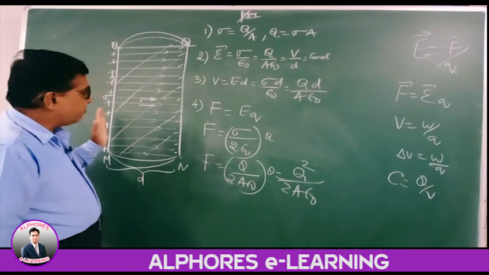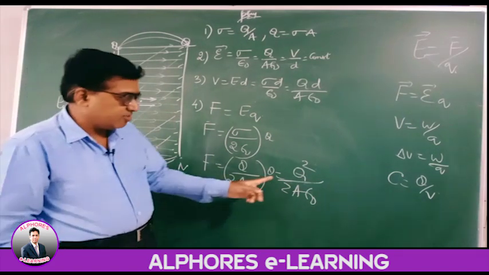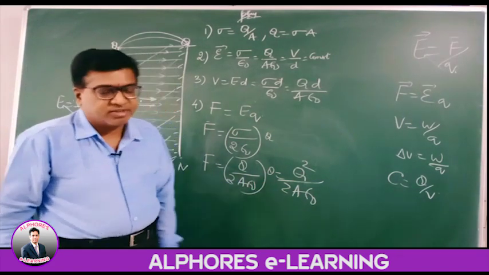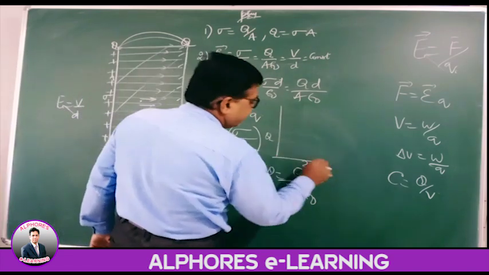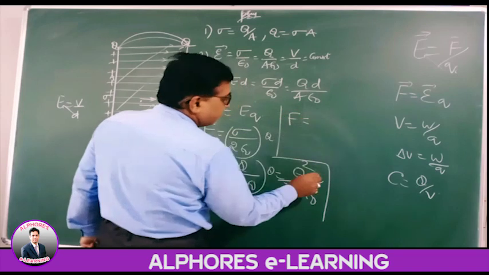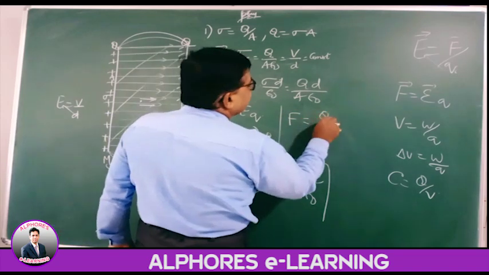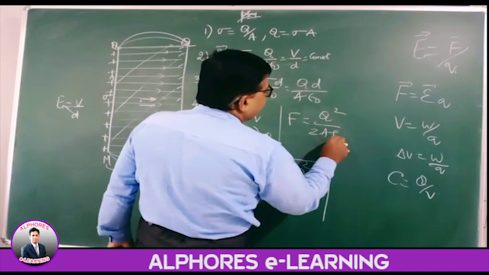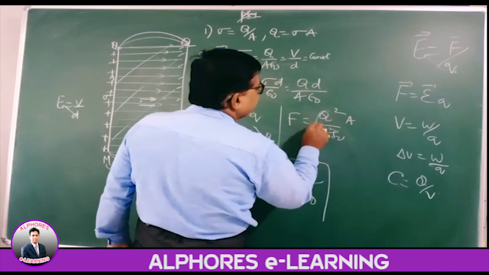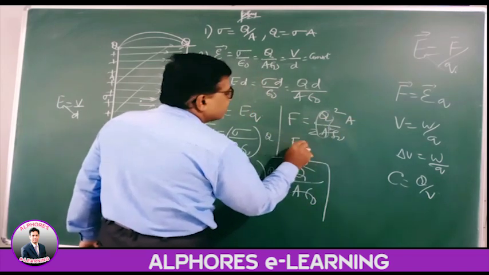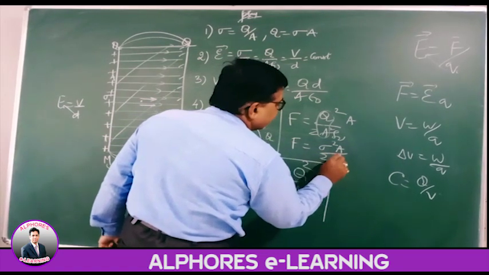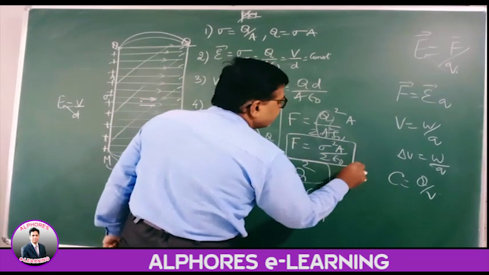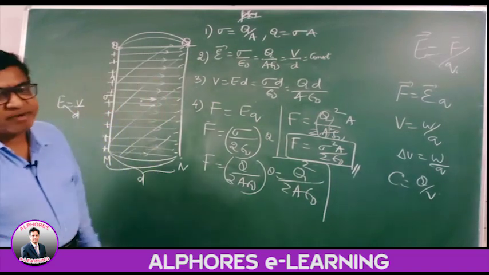You can even write it by multiplying and dividing by A: Q square by 2A epsilon naught, multiplied and divided by A. This is sigma. So force is sigma square A by 2 epsilon naught.